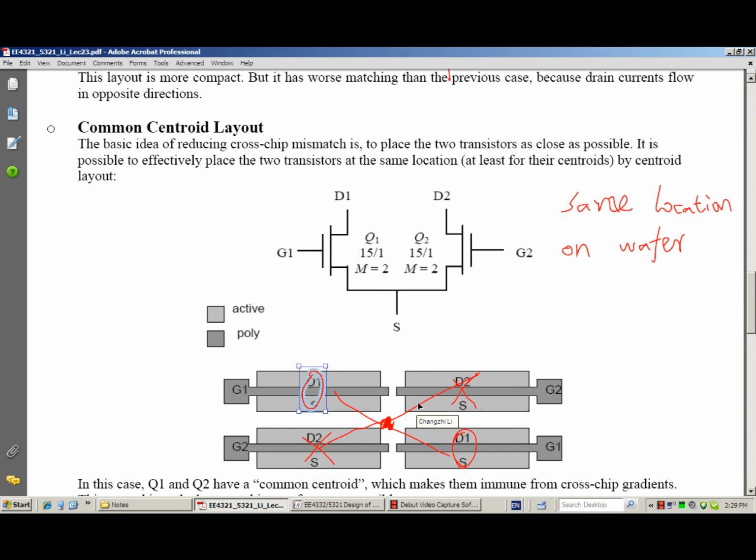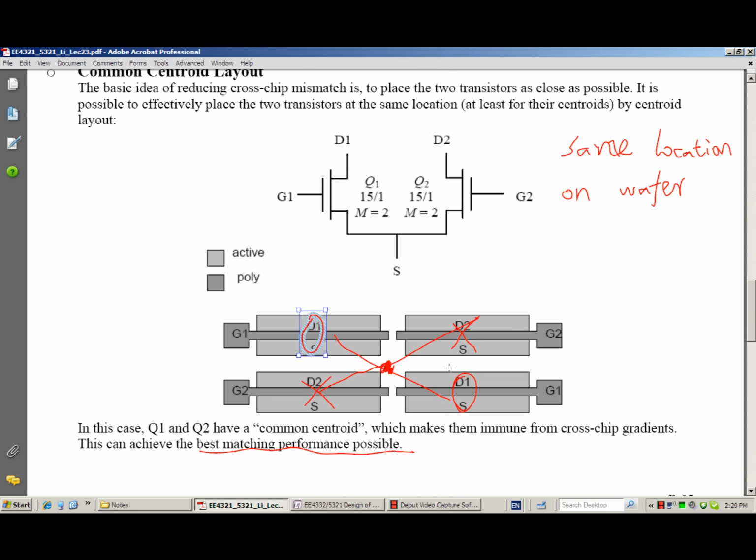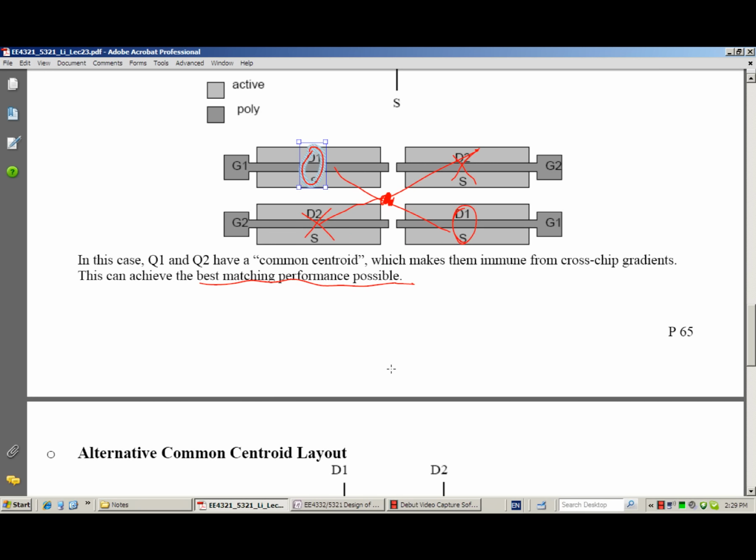And note that the two transistors share the same source, so another thing we can do is flip the bottom two transistors to flip the source to the upside and the drain to the bottom side.